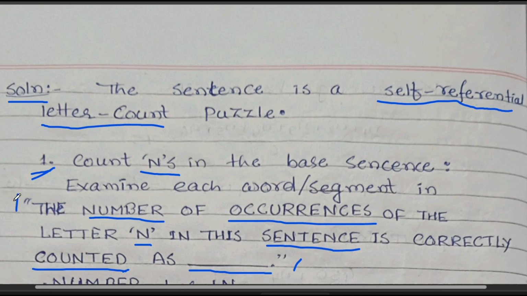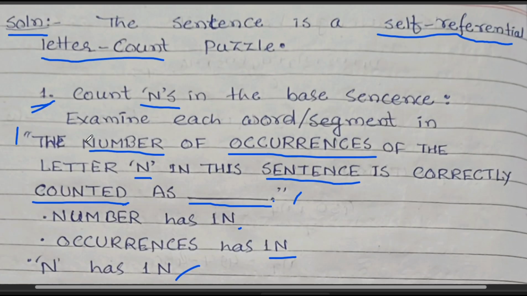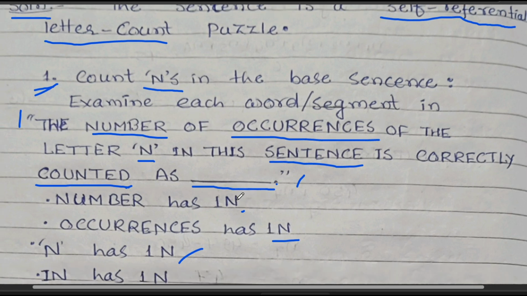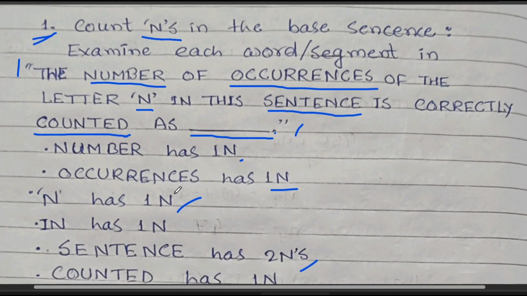This is the sentence, starting from here and ending here, before the full stop. If you see, "the" doesn't have N. "Number" has one N, "of" has no N, "occurrence" has one N, "of" no N, "the" no N, "letter" no N, "N" has one N, "in" has one N, "this" no N, "sentence" has two N's, here and here.